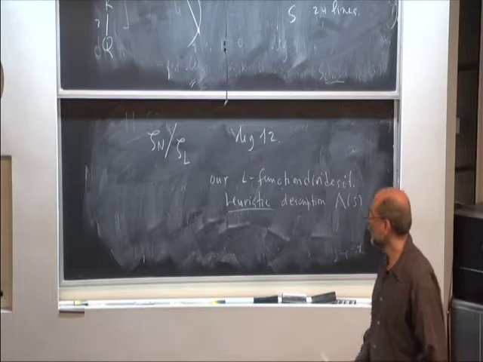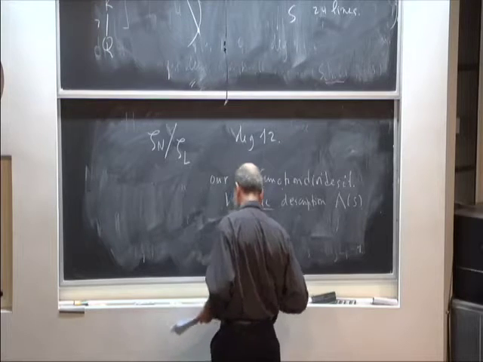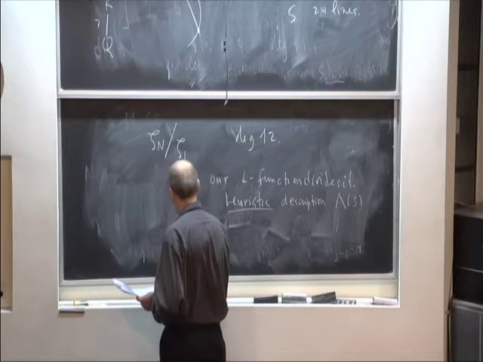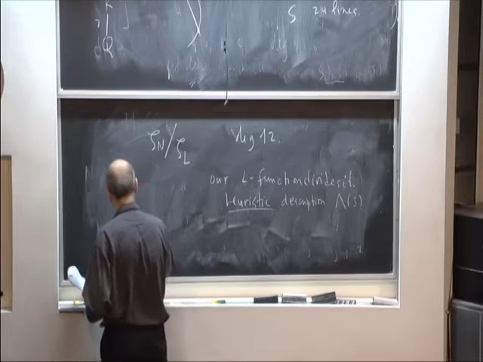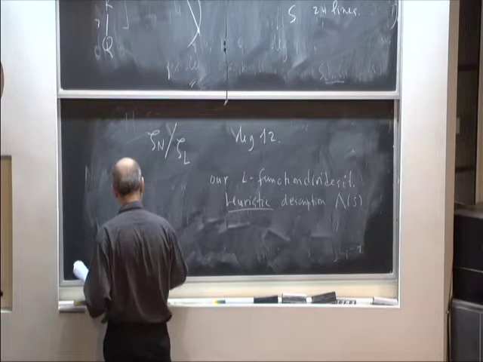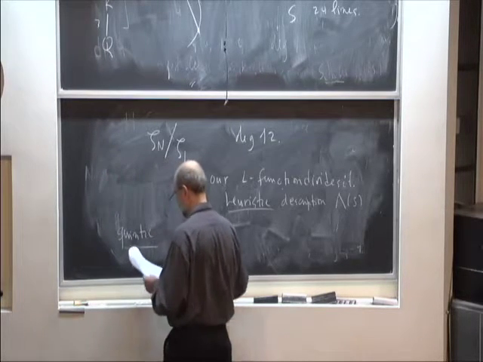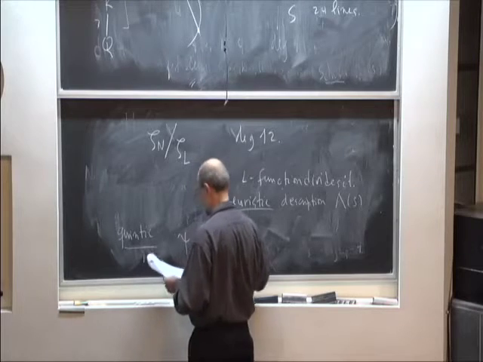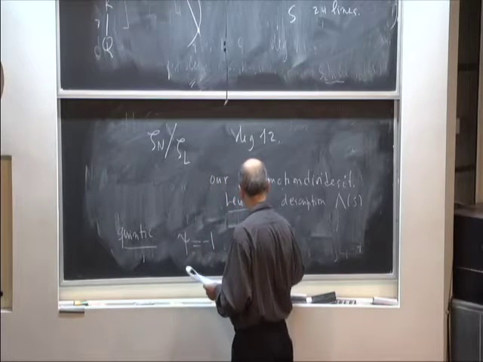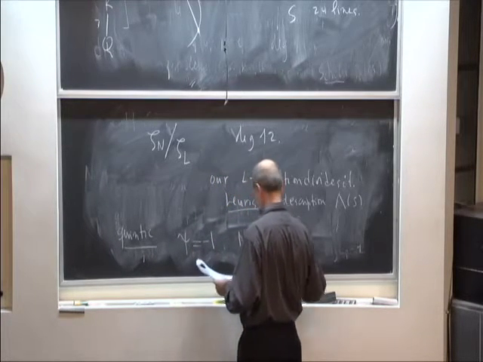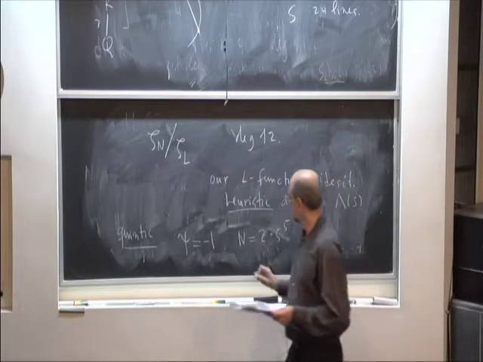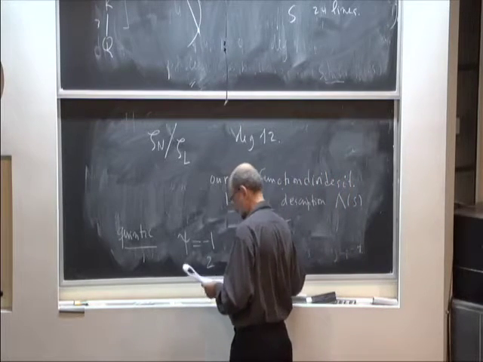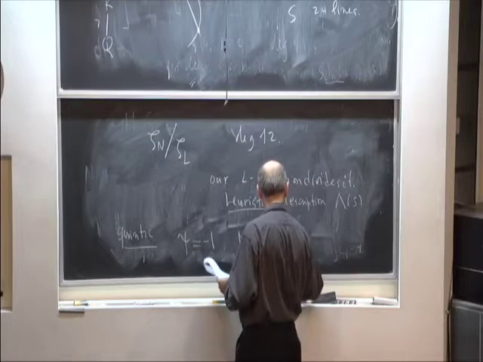So, let me just end with one data point. If you look at the quintic case, if you take the parameter psi to be minus 1, for example, then the conductor is 2 times 5 to the 5. If you take psi to be 2, it is 31 times 5 to the 5.